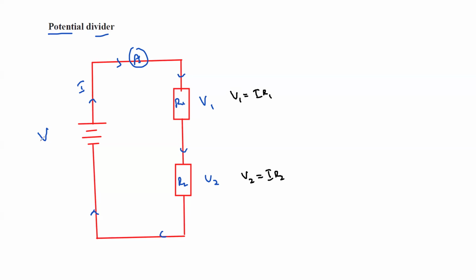And V is equal to IR, where R is the total resistance. The total resistance in series will be equal to R1 plus R2.